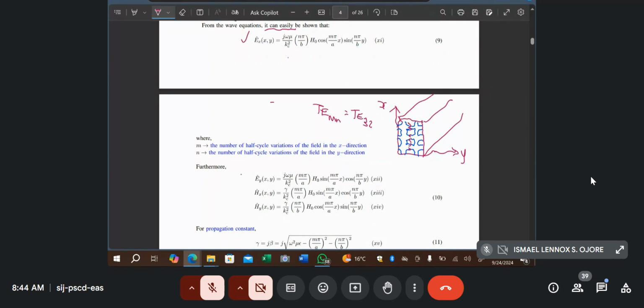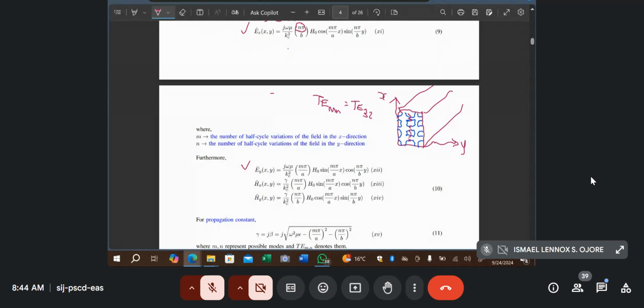Then EY, I want you to note how we are moving from N to M. But don't worry about that again. For me, fifth year is for applications, not for knowledge in terms of deriving theories. So here you have N pi, here you have M pi, pre-multiplying. So this is like an amplitude, you see that?